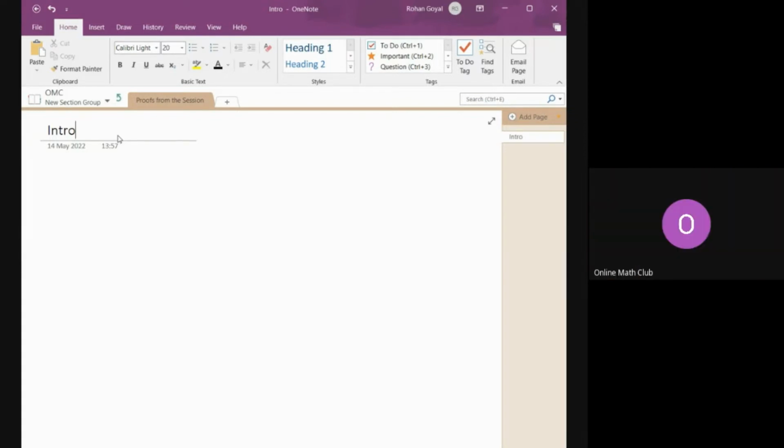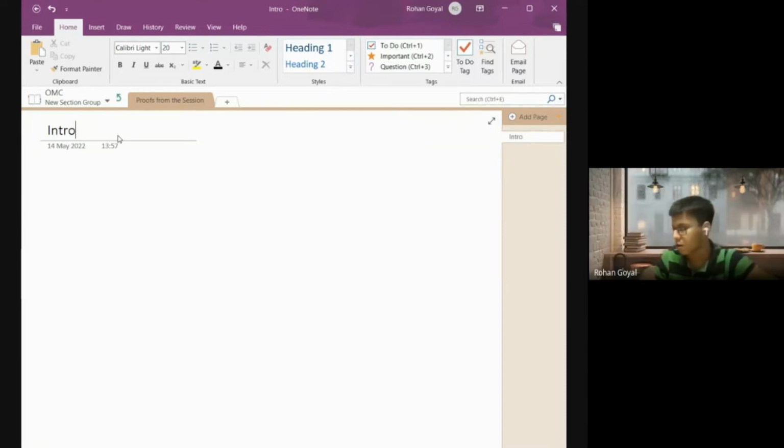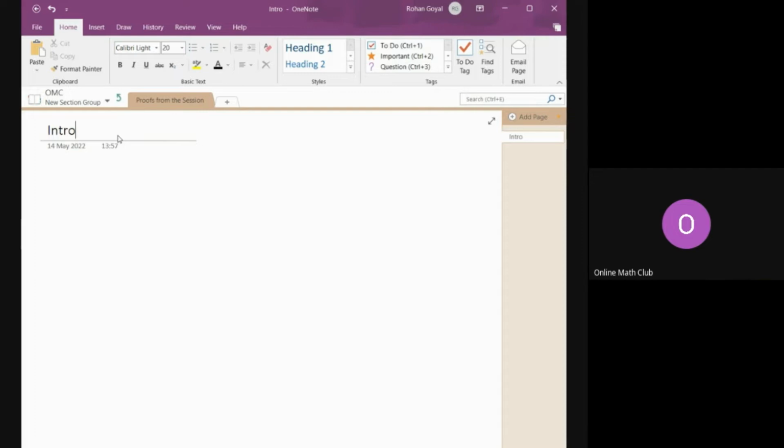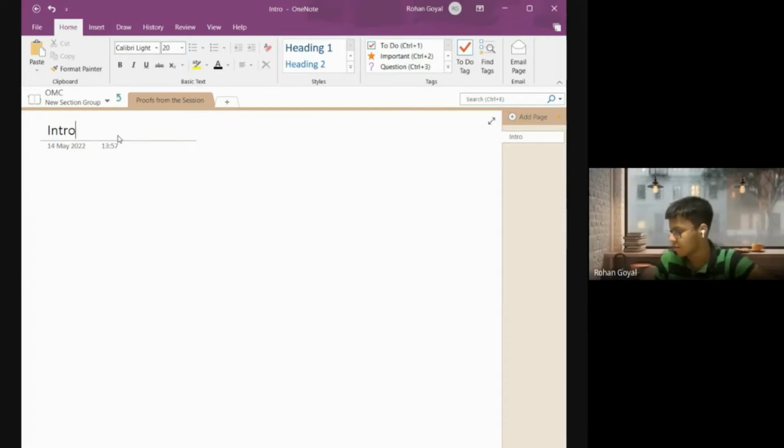Rohan, if you are writing something, please. Are you writing something? No, I'm not writing anything on the screen. Oh, okay. I'm just making my own notes for the lecture. I'm just going through everything so that I don't miss something.